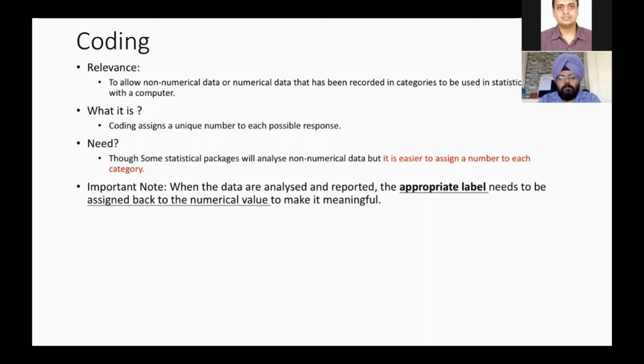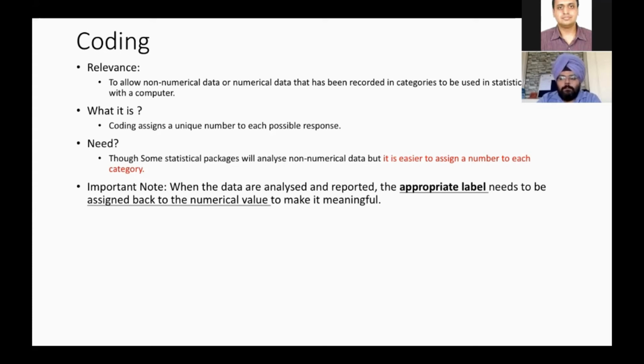It is important that while we are doing the analysis, the computer analyzes everything using the codes. However, for the results which are available in the form of codes at the end of analysis, we need to add an appropriate label for each of the codes.